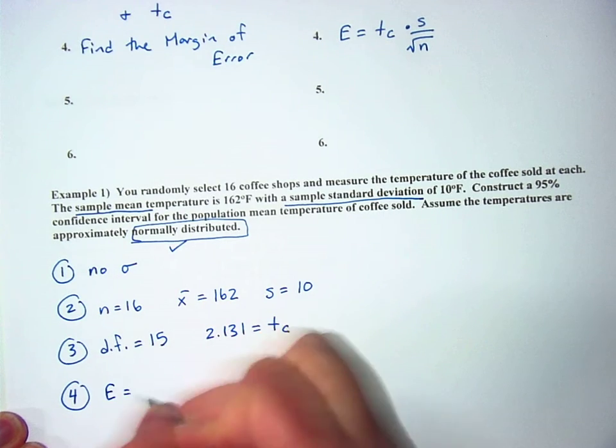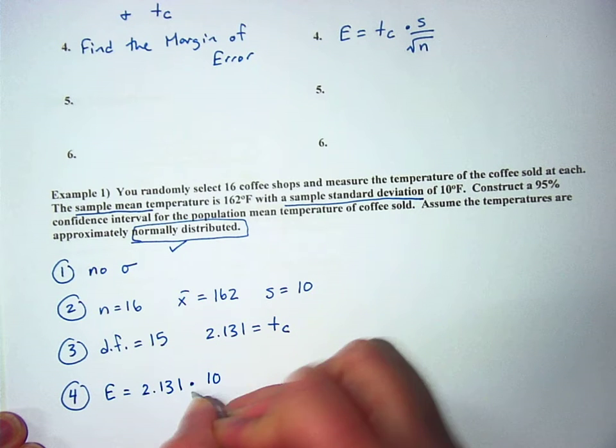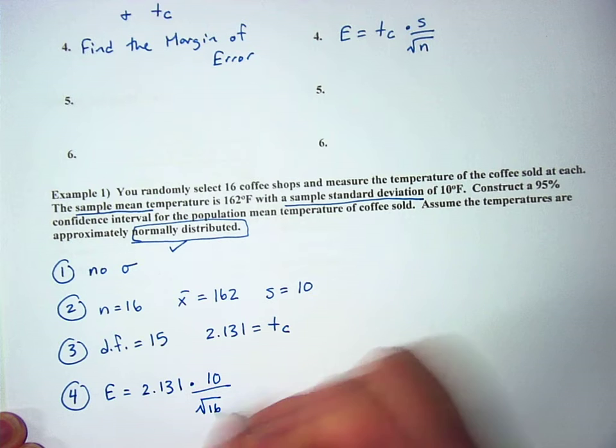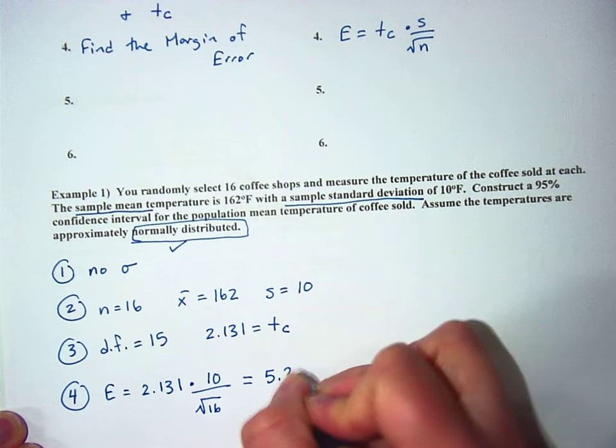E equals 2.131 times 10 divided by the square root of 16. I figured that out on my calculator, and that is 5.3.